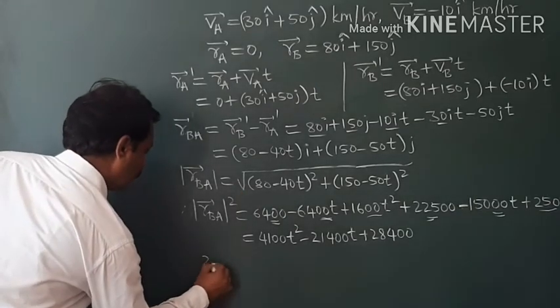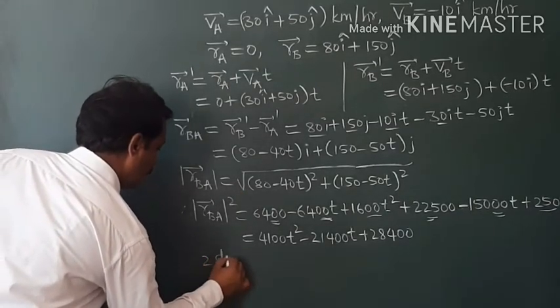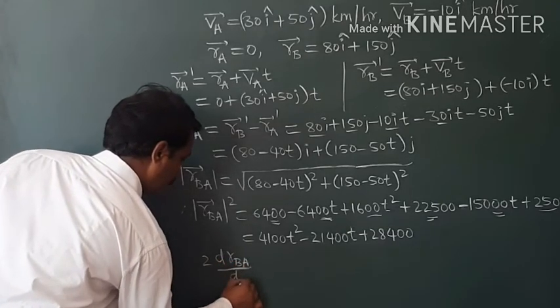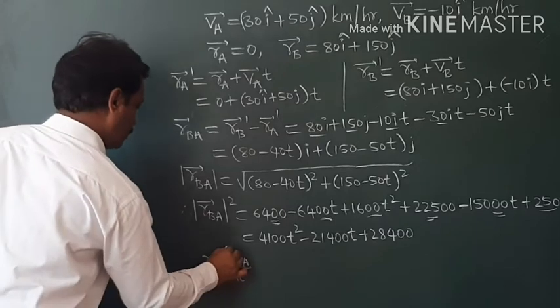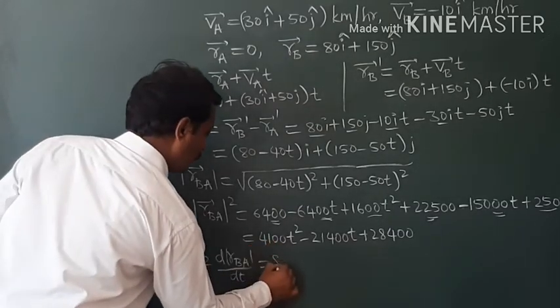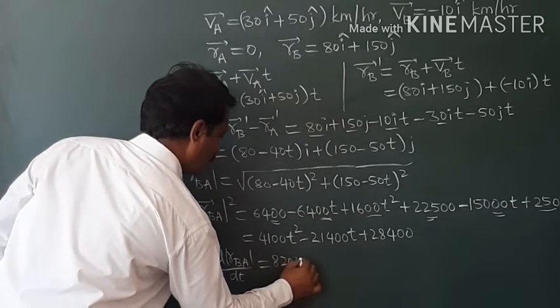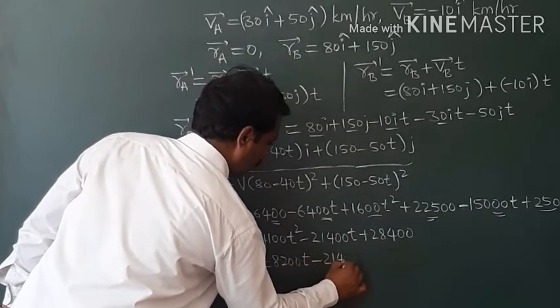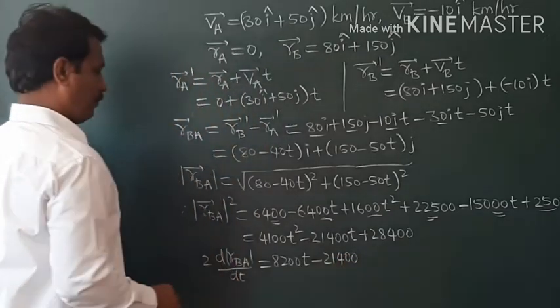Then you will get 2 RBA d RBA by dt is equal to the differentiation of this, which will be 8,200 t minus 21,400.